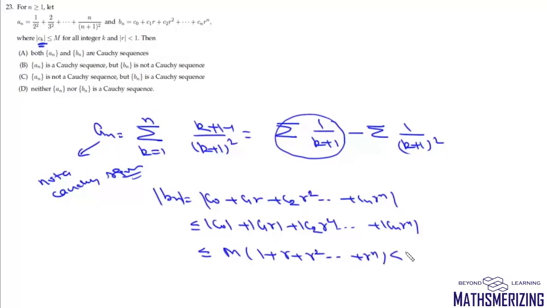Now it will be less than 1 plus r plus r square up to infinity. So we can write mod of Bn will be less than m upon (1 minus r). So that means this Bn will be a Cauchy sequence. So An is not a Cauchy sequence, but Bn is a Cauchy sequence, and that's your option number C.